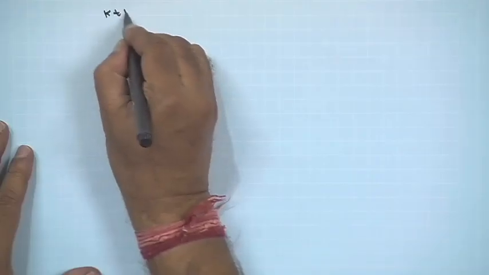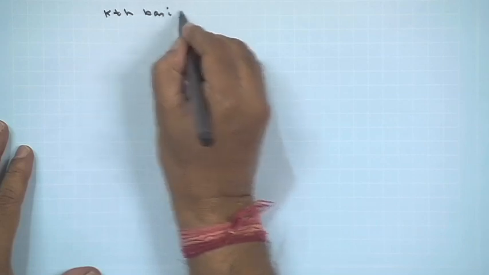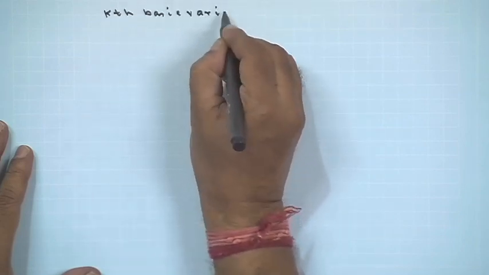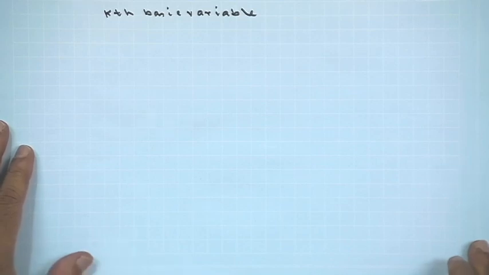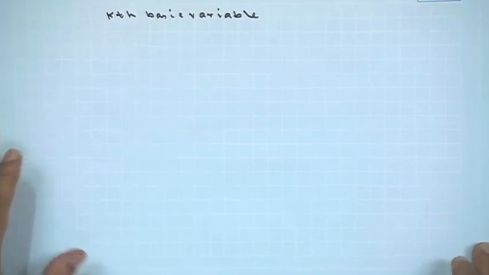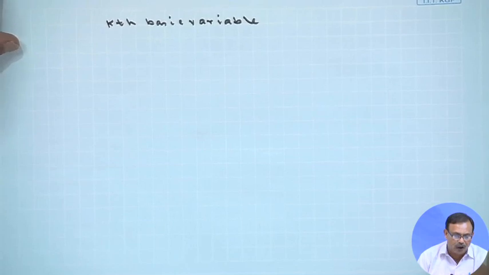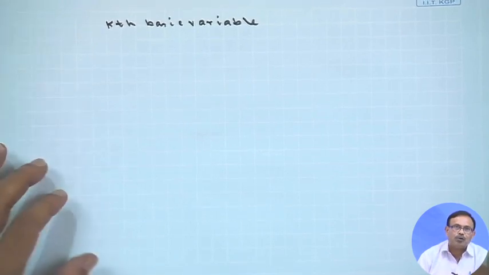We assume that the kth basic variable corresponds to the non-integer value. The kth basic variable corresponds to the non-integer value in the solution.